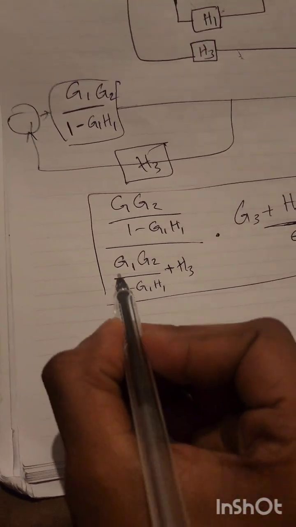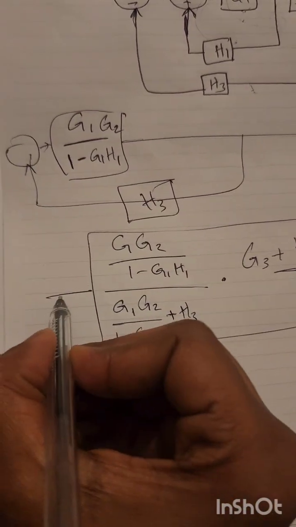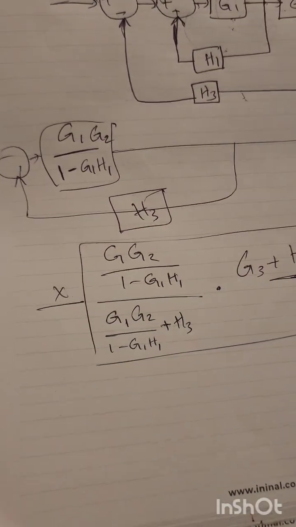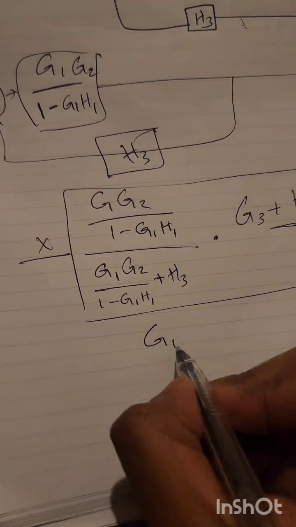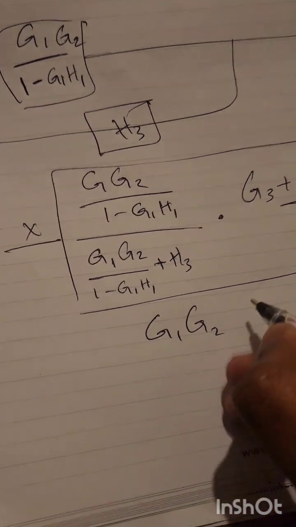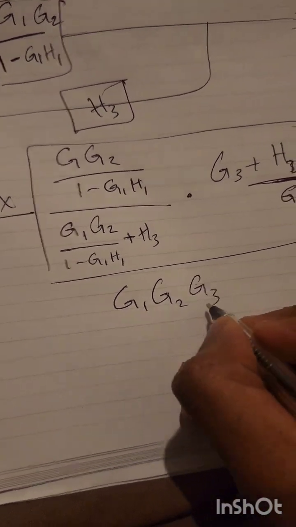So let's reduce it again, and it's going to be g1 g2 g3.